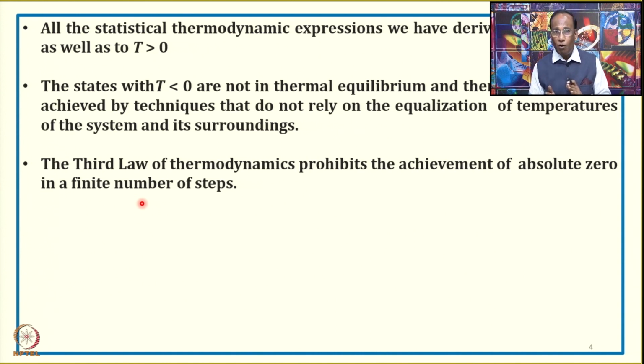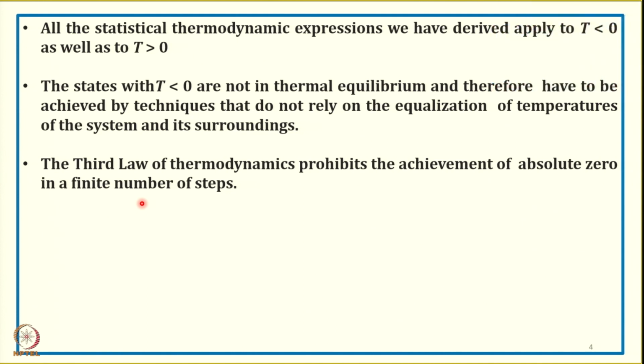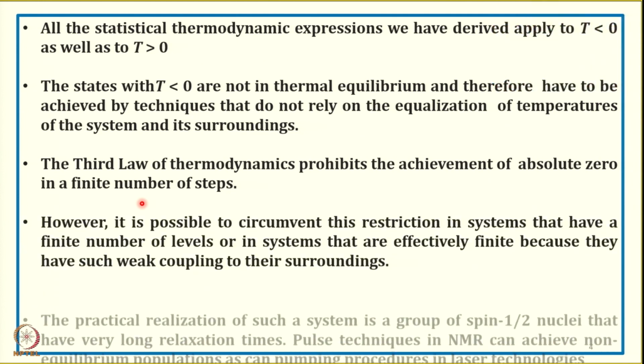An alternate form of the third law that we discussed in chemical thermodynamics is that it is impossible to achieve absolute zero in a finite number of steps. Let's take a quick look at that.